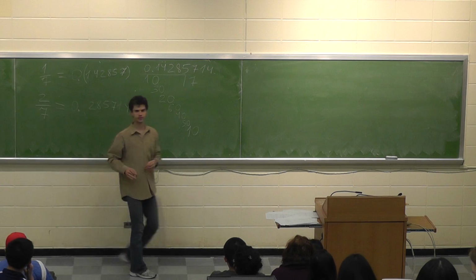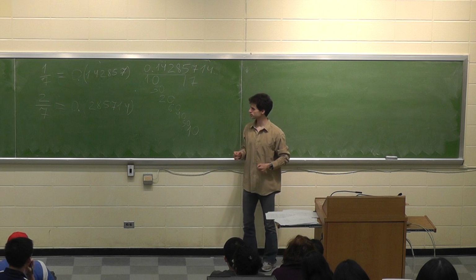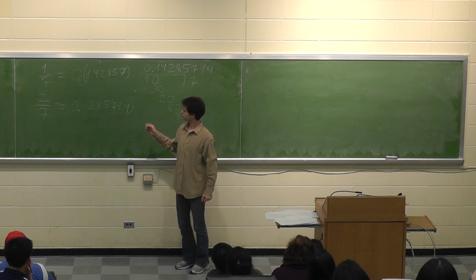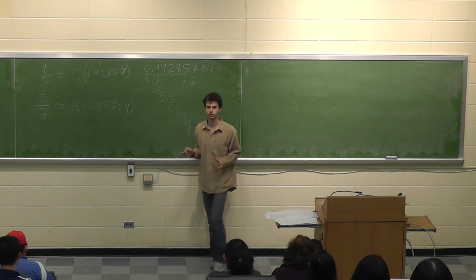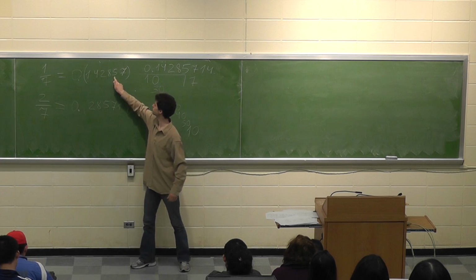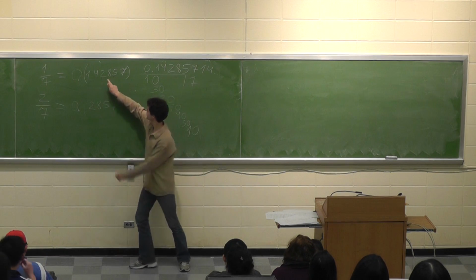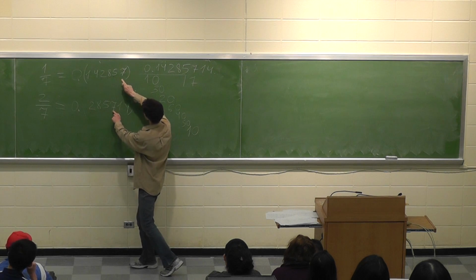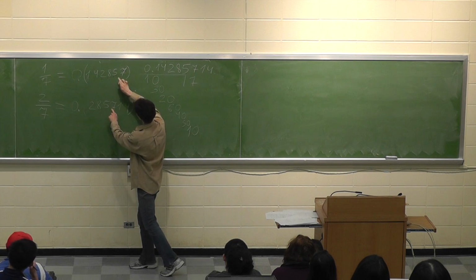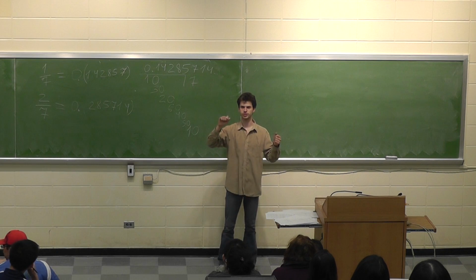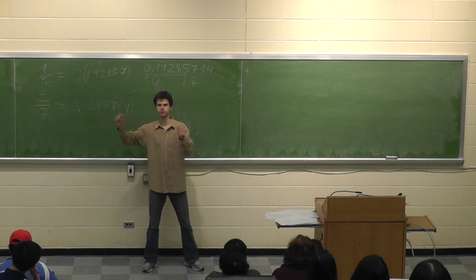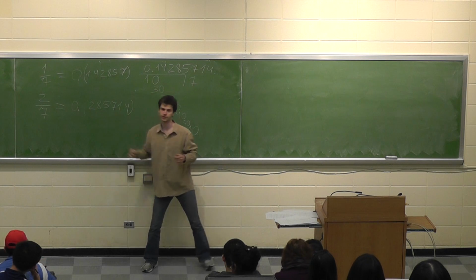Okay, so we got this answer, and what's funny about this is, more or less the same digits, except in different order. You have 1, 4, 2, 8, 5, 7. Here you have 2, 8, 5, 7, 1, 4. So it's kind of a cyclic permutation. We just take this period, we shift it by 2, and now you got this period.